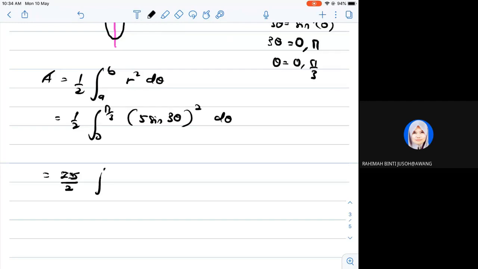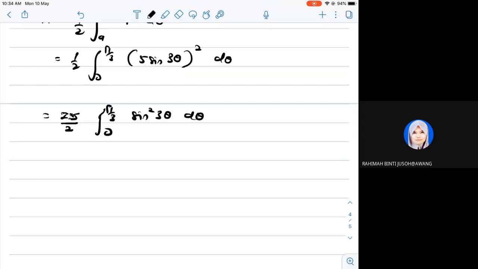Okay. So 0 until pi over 3 sine squared 3 theta d theta. Okay, again guys, we cannot integrate this function. So what you should do is, you have to again use double angle formula. Okay, but now kalau tadi cos dia tambah, but now kalau sine squared theta equals to 1 over 2 (1 minus cos 2 theta) guys.